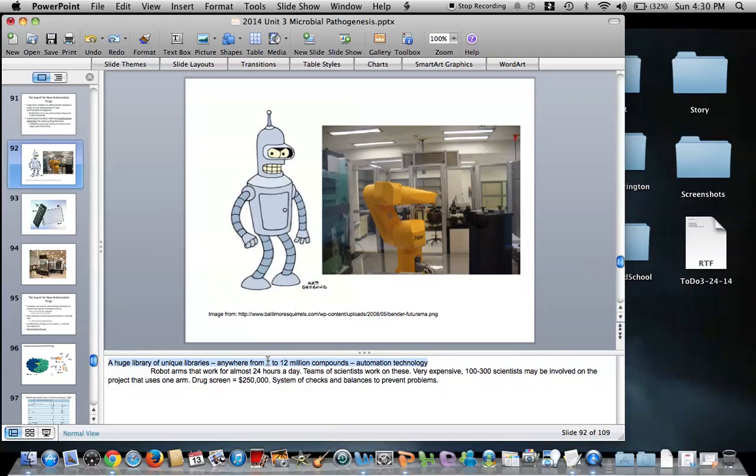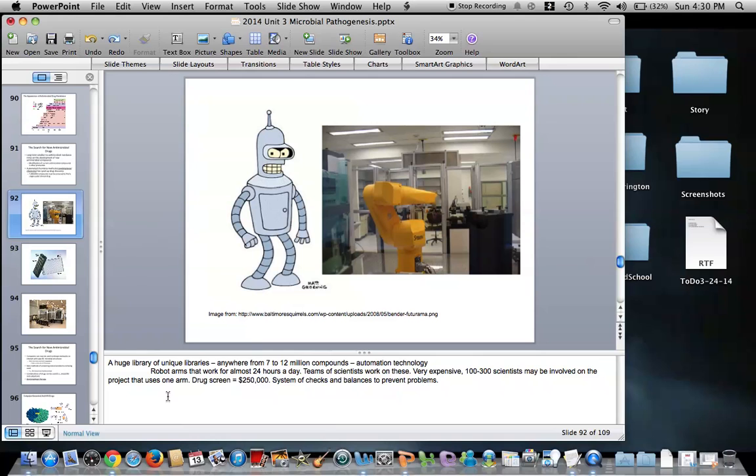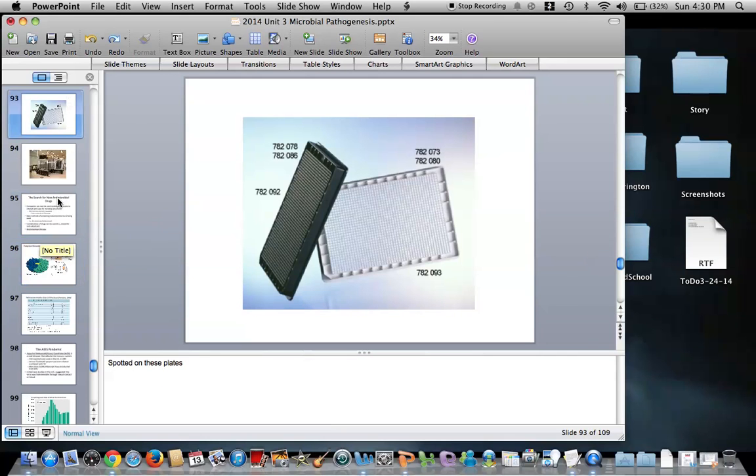And it's a huge chemical library. Oh, wow. Alright. Here's the chip that they use for that, so you can do very high throughput.